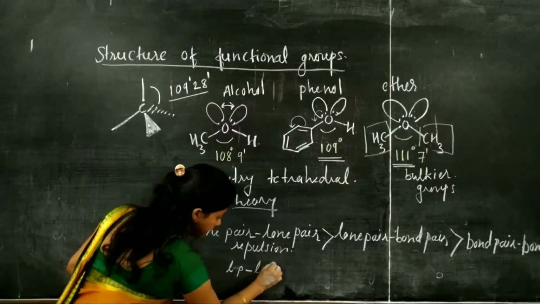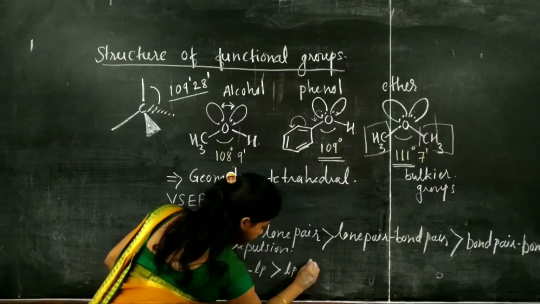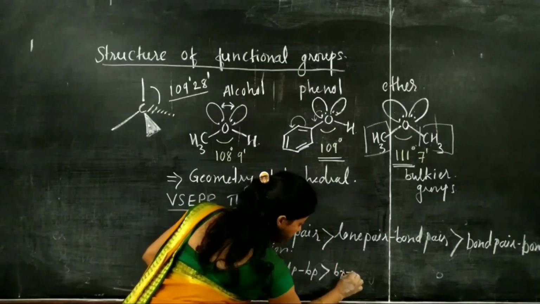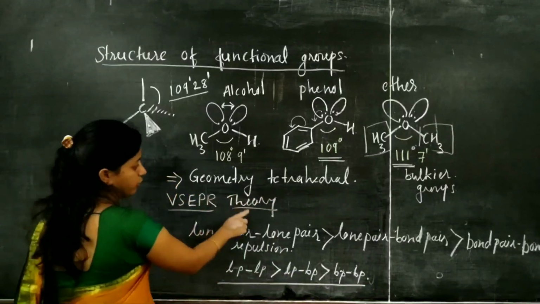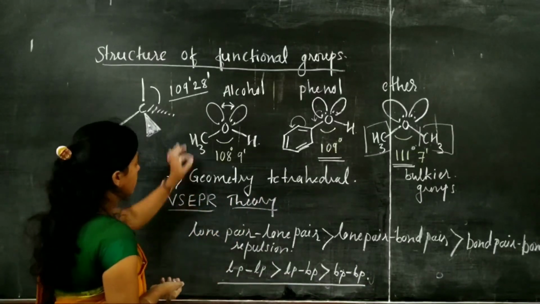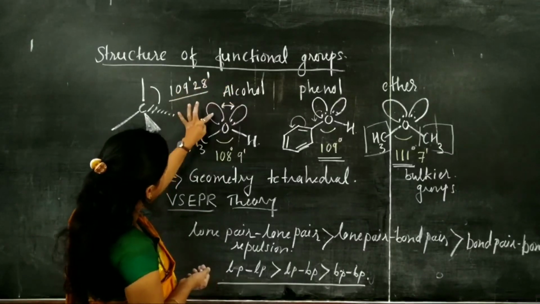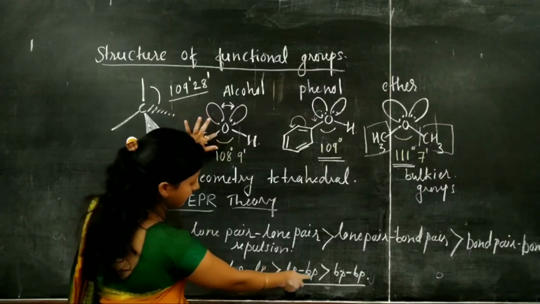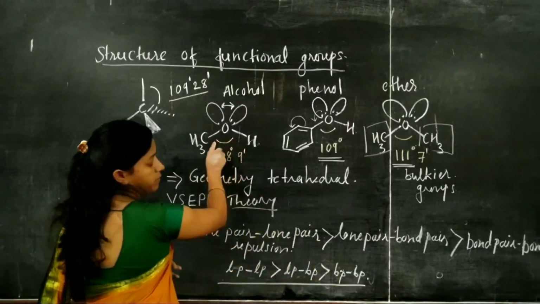Lone pair repulsion is greater than lone pair bond pair repulsion, and this is greater than bond pair repulsion. So this we have to remember here according to VSEPR theory. What it means? The repulsion between these lone pairs is more as compared to the repulsion between a lone pair and a bond pair. And again this is more as compared to bond pair repulsion.